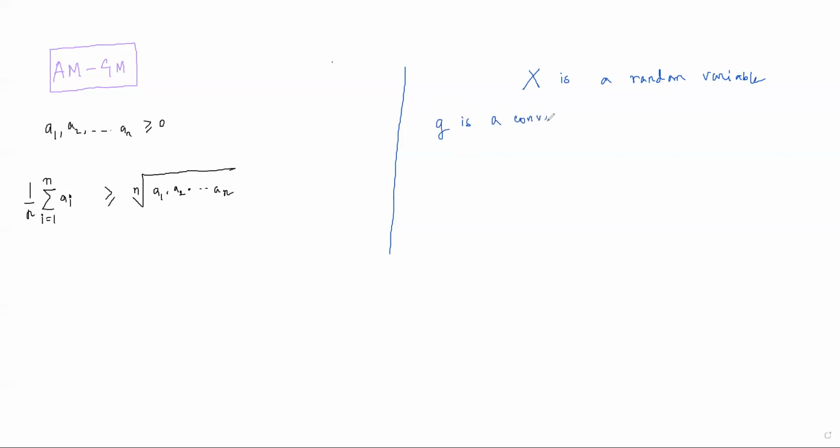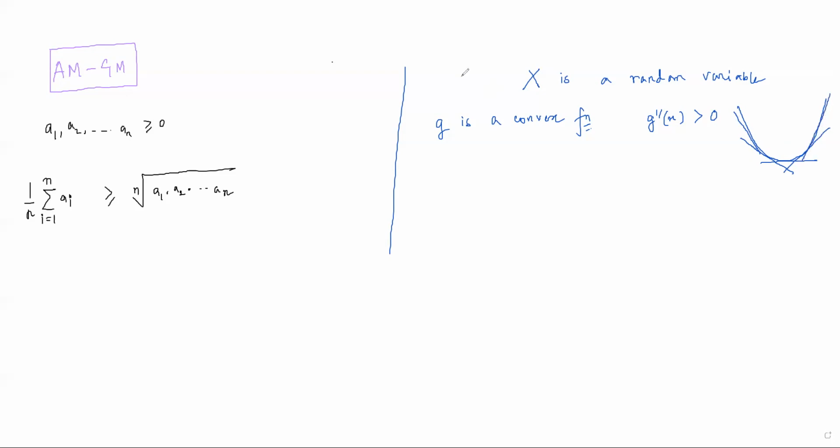I hope you know what a convex function is. A convex function is a function whose g double dash x is greater than 0 on its domain. That is, g dash x is increasing. For example, like this. The slope is negative, and it's becoming less and less negative. It becomes 0 here, and then it goes on increasing. So g dash x is increasing.